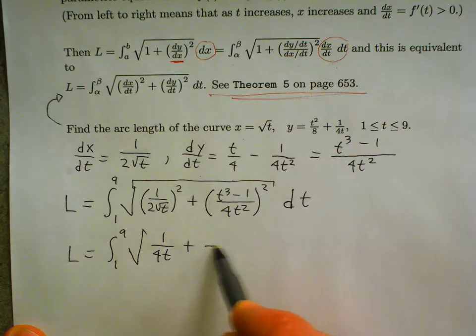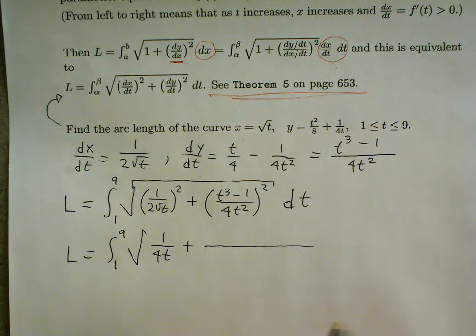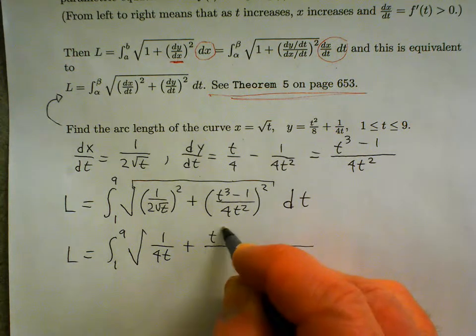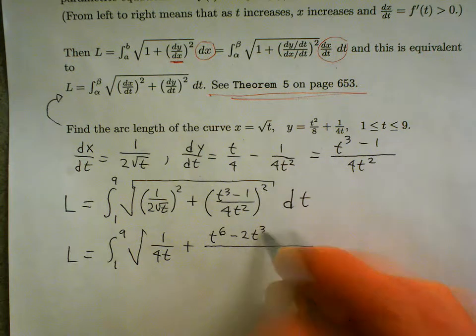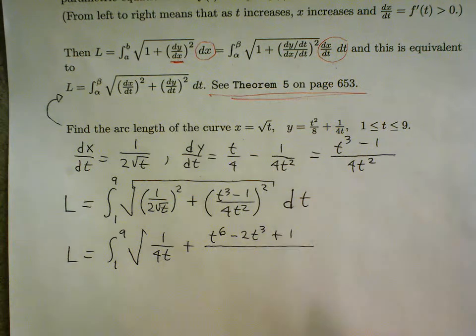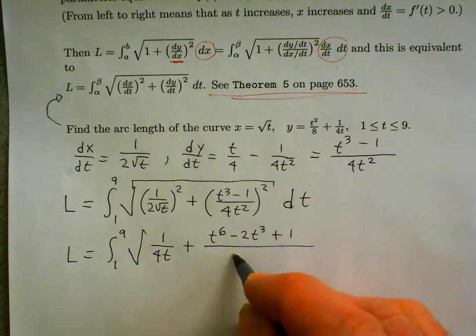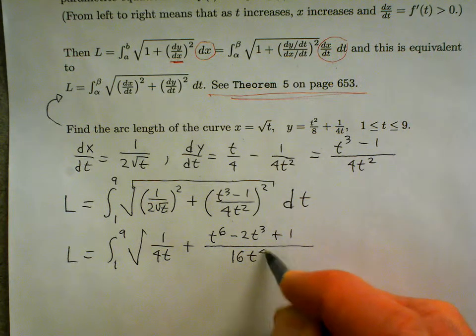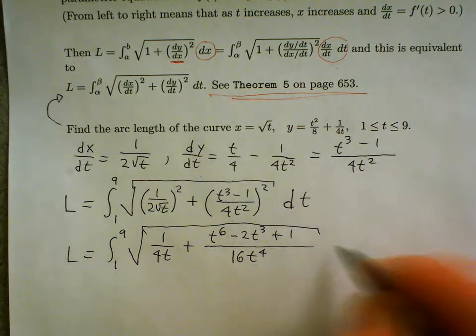And then when we square the rational expression, (t cubed minus 1) over 4t squared, in the numerator we're going to get t to the sixth minus 2t cubed plus 1. And when we square the denominator, we'll get 16t to the fourth, dt.